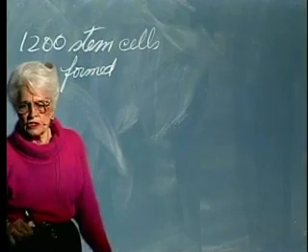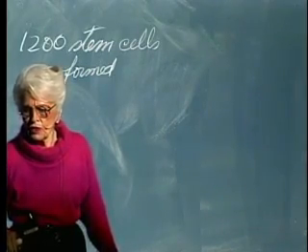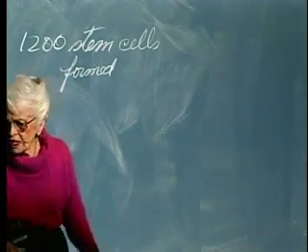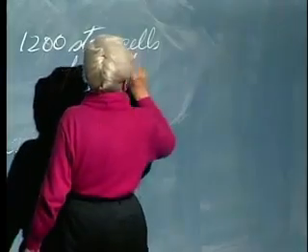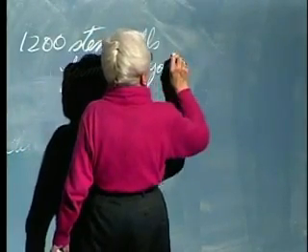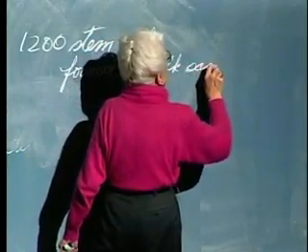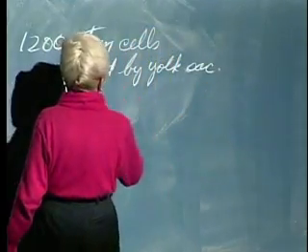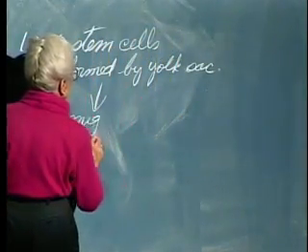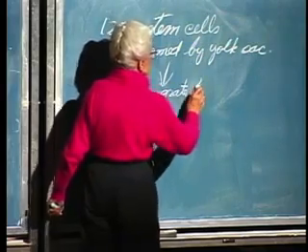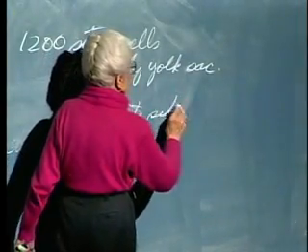The same structure that formed the ova. What was it? The yolk sac, right. Formed by the yolk sac. And they will then migrate to the site of the testis formation.